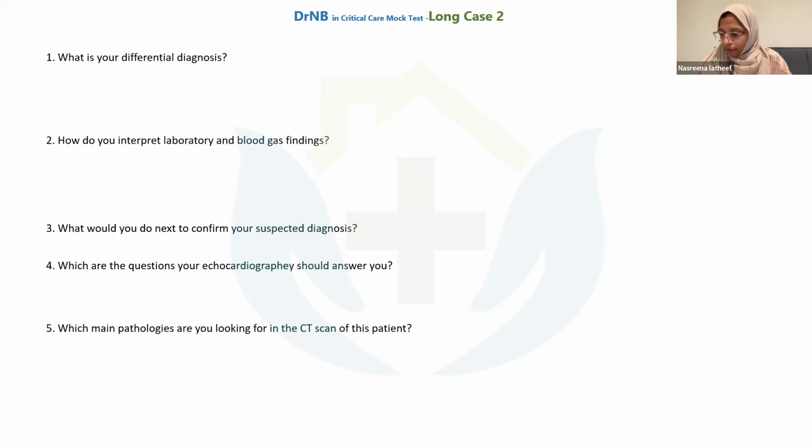Circulation, I will resuscitate with blood and blood products considering he's in hemorrhagic shock, as well as correct the acidosis, coagulopathy, and the hypothermia. And also I will monitor closely the urine output, and I will initiate anti-hyperkalemic measures. If patient is refractory to anti-hyperkalemic measures, then I will have to consider renal replacement therapy.